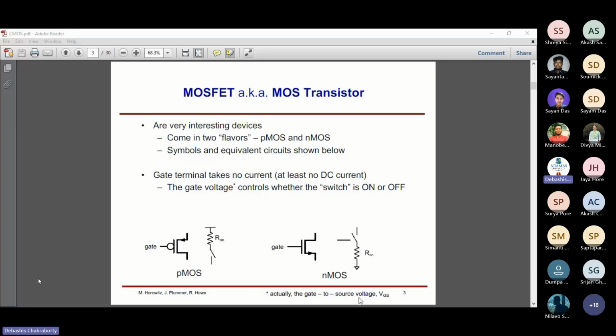Whenever the device is connected to the power supply, the gate controls the flow of current from the drain to the source, from top to bottom. I think you can follow my pointer, right?